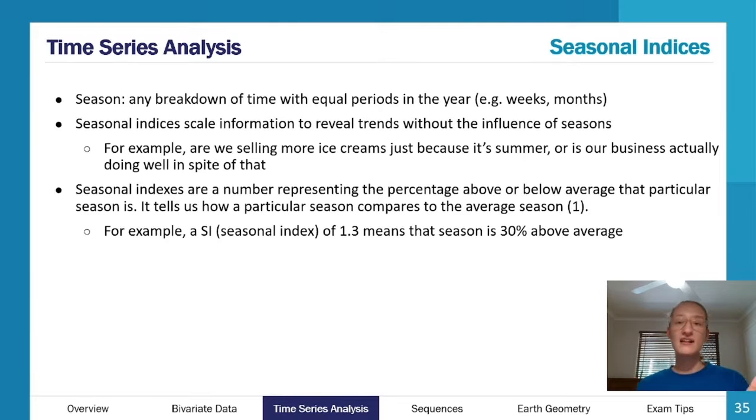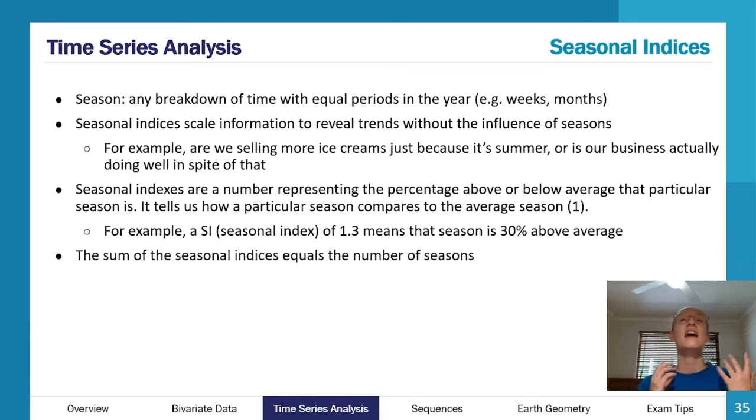Because mathematically, the average season is always represented by the number 1. And when we're interpreting seasonal indices, we always interpret it in relation to the average. So again, a seasonal index of 1.3 is 30% above average. Average is 1, representing 100%. And like I said before, the sum of the seasonal indices will always equal the number of seasons.